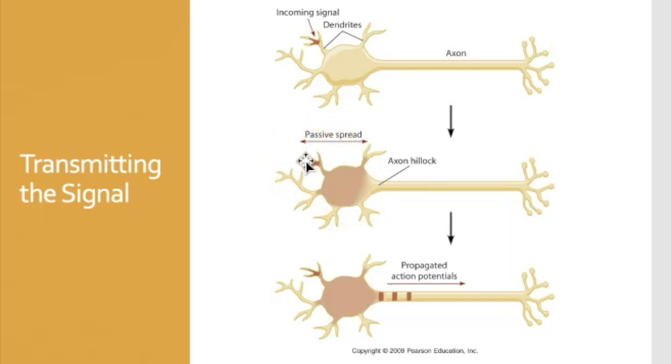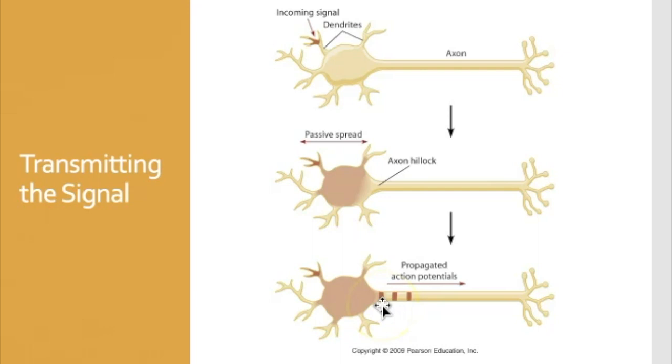Now, if the signal is powerful enough to reach this region called the axon hillock, then it can get propagated. There are lots and lots of sodium channels sort of clustered in the axon hillock. So as long as there's enough strength in that action potential to hit the hillock, something amazing is going to happen. Sodium channels are going to open. Sodium's going to rush in.